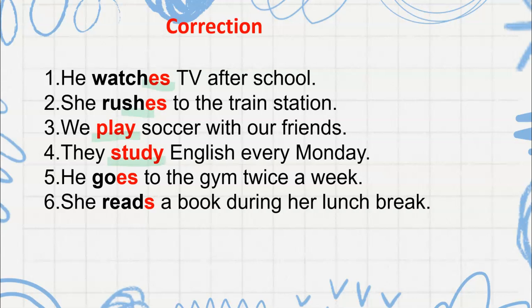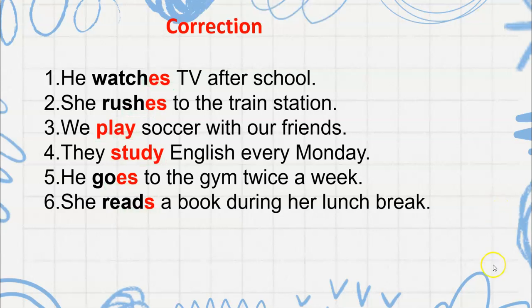Same thing here, we put nothing for the verb because you have the subject they. Here we need to put ES because you have O and you have the subject he. And the last one we put only S because we have the subject she. Okay, is it okay? I hope you understood this one.